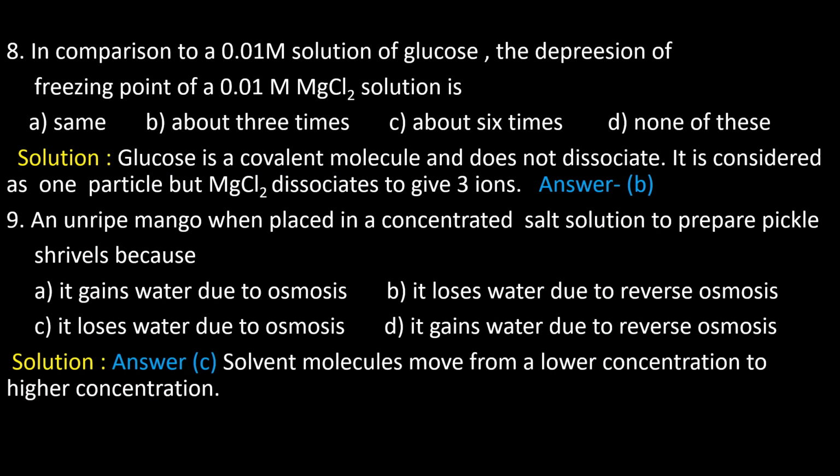Therefore, the correct answer is option C. That is, it loses water due to osmosis. Solvent molecules move from lower concentration to higher concentration. So it will shrivel because of the loss of water due to osmosis.